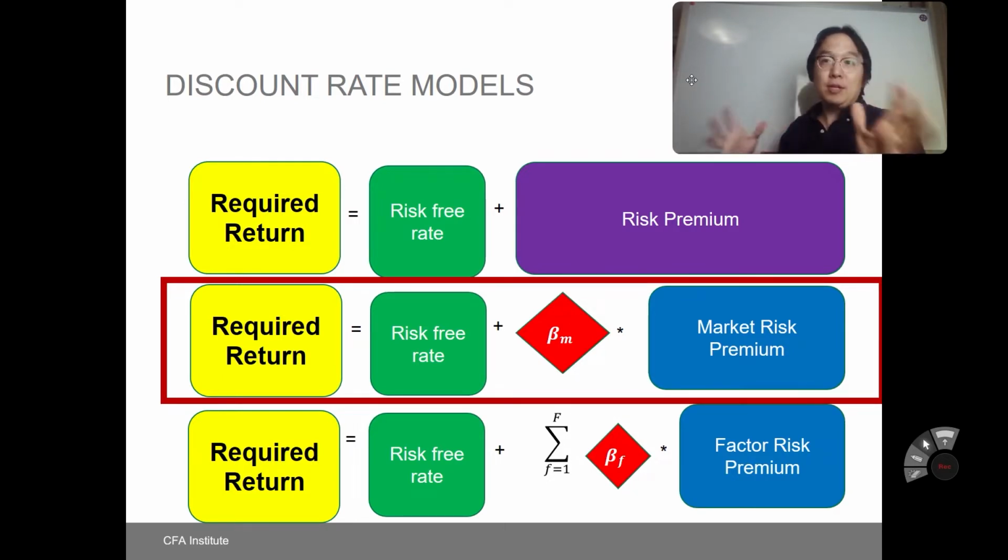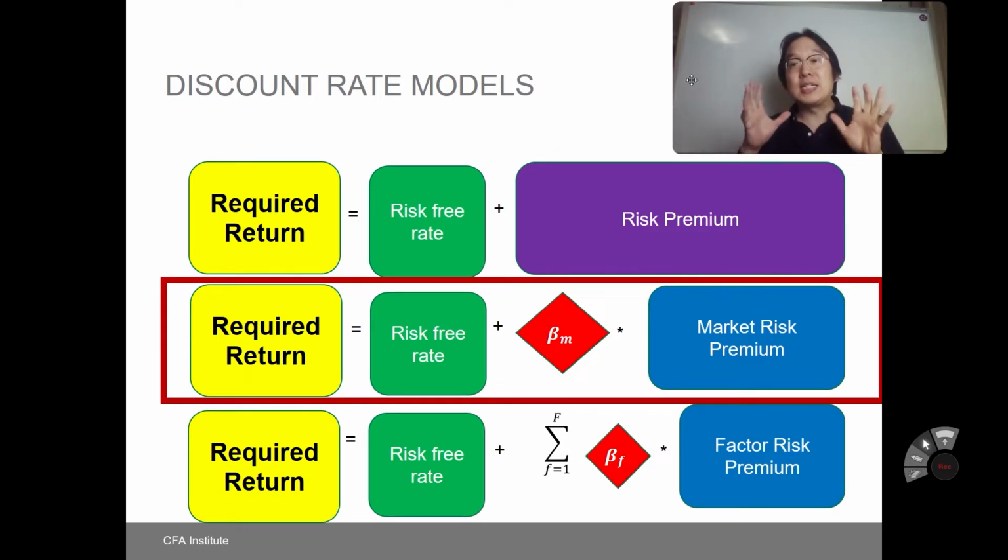Because it is such a simple model that explains the risk premium. They start with the market portfolio, portfolio theory, and then they propose one single factor that explains everything. So very simple, very attractive.